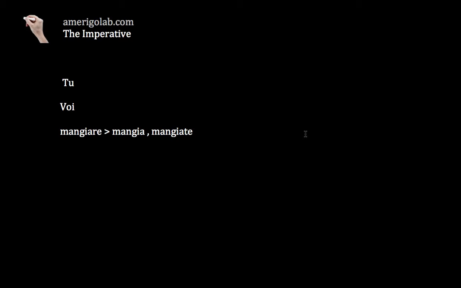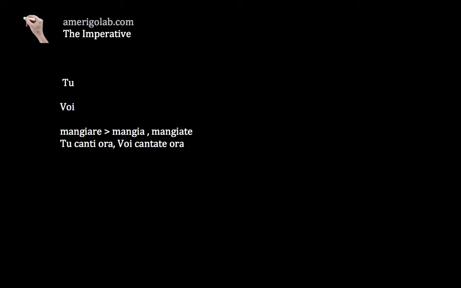Now you know that the verb would be cantare. So for tu it will be tu canti ora, or voi cantate ora. In this case, yes, you use tu or voi because you want to stress the fact that exactly you are going to sing now. But usually we don't use the subject pronoun for the imperative form. So just remember, not tu mangia, but mangia and mangiate.